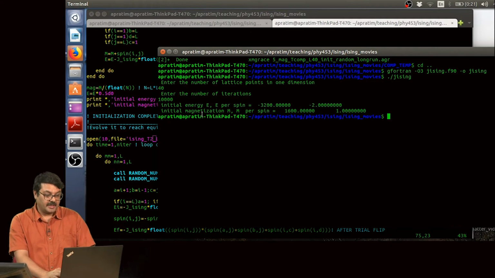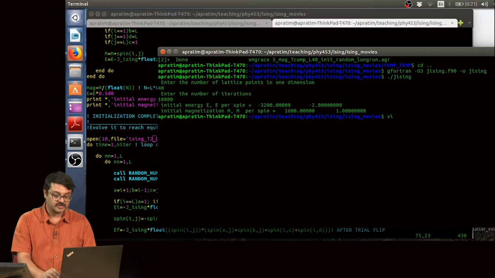Initial magnetization: all the spins are pointing up, so the total instantaneous magnetization is 1600, there are 1600 spins, and the initial instantaneous magnetization in that particular microstate is +1. This is the m per spin.